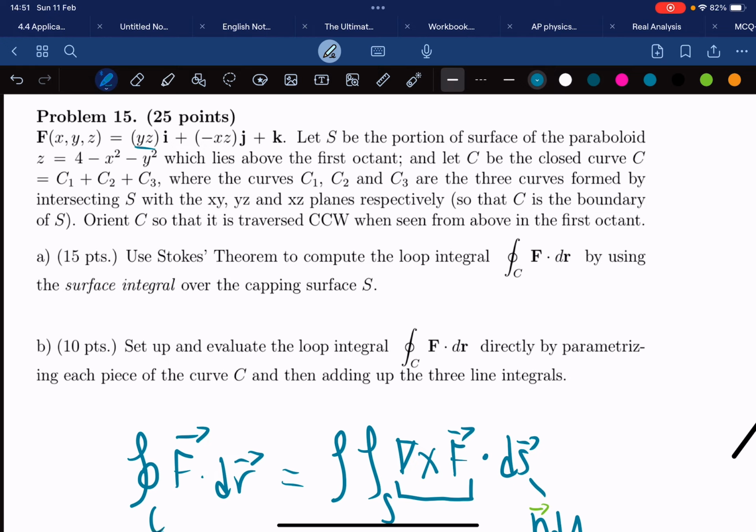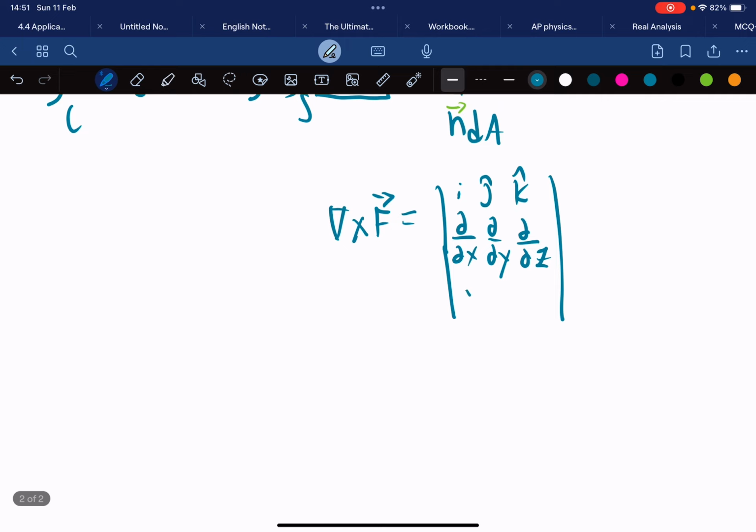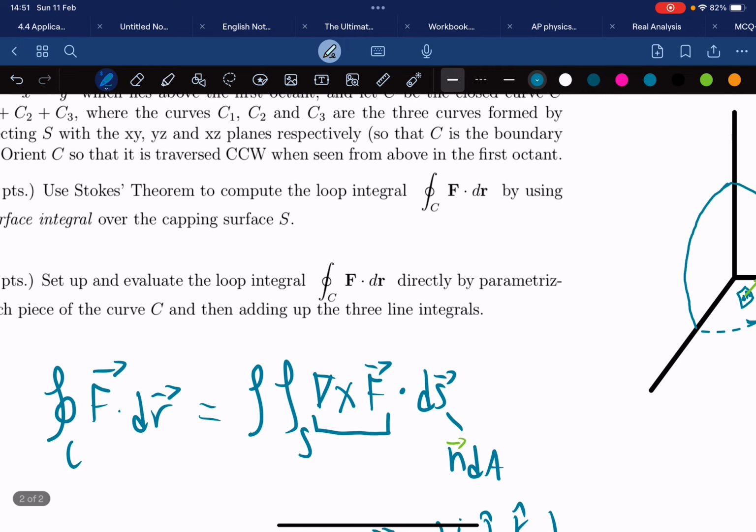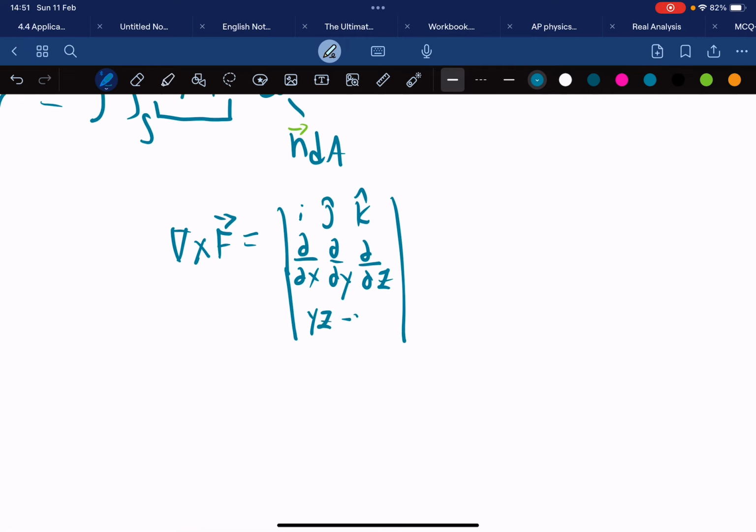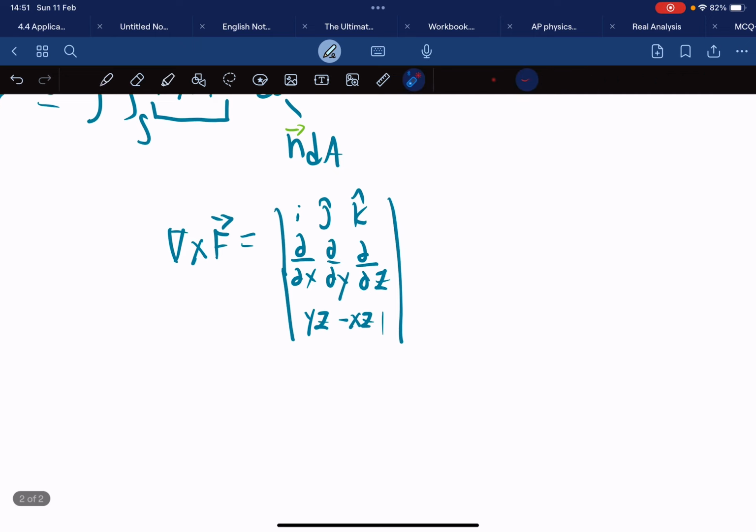And it's going to be this right here for the i, j, and k components. It's just going to be the coefficients. So this is going to be yz, negative xz, and 1.